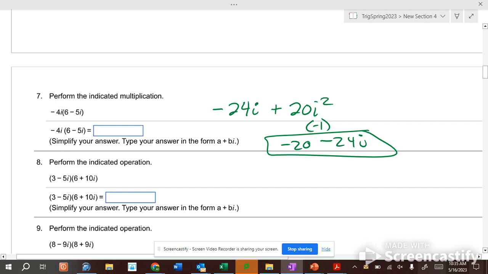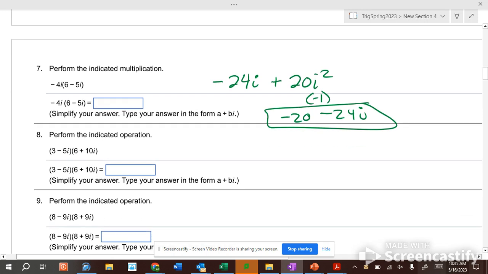Let's do that again with a FOIL problem now. So let's FOIL this. 3 times 6 is 18. Outers, plus 30i. Inners, minus 30i. So nice that that worked out that way. Last times last, minus 50i squared.